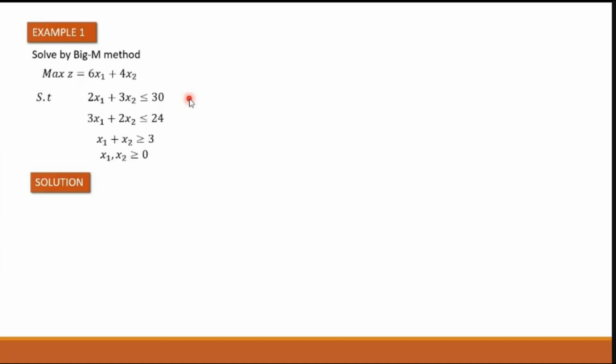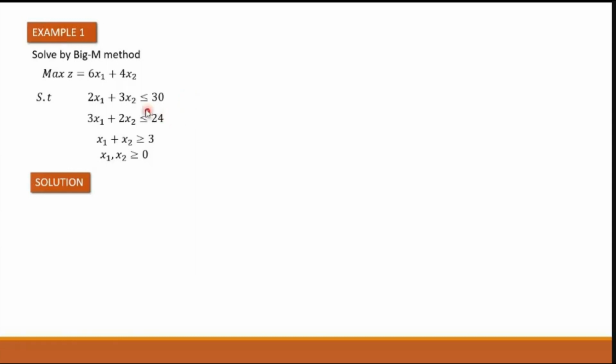In the simplex method, how did we convert an inequality to equality when we had a less than or equal to constraint? By adding what type of variable? Slack or surplus variable. Yes, slack variable in the case of less than or equal to, and surplus variable in the case of greater than or equal to constraint.